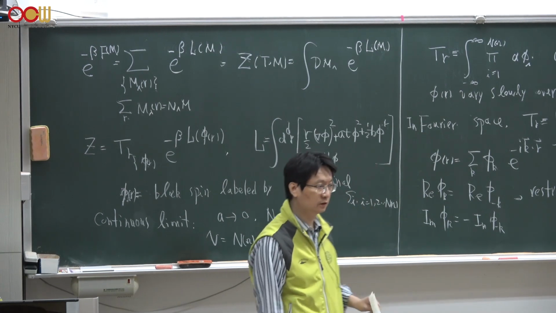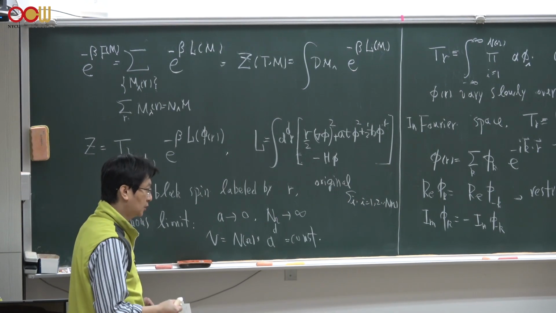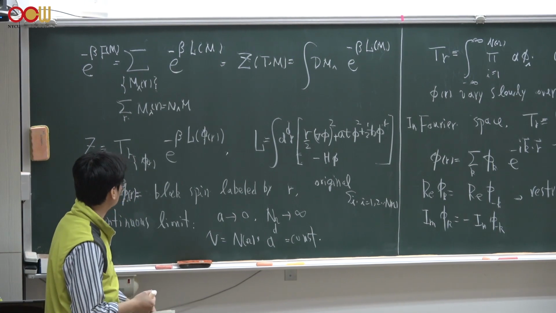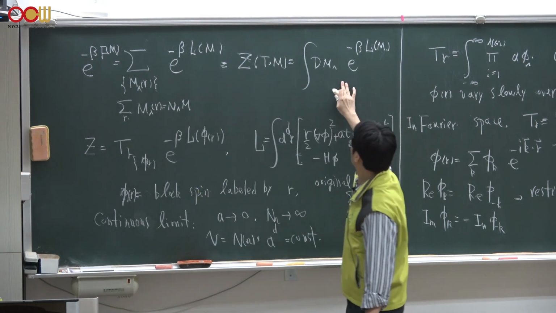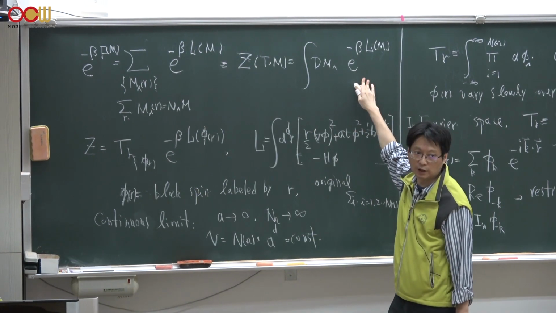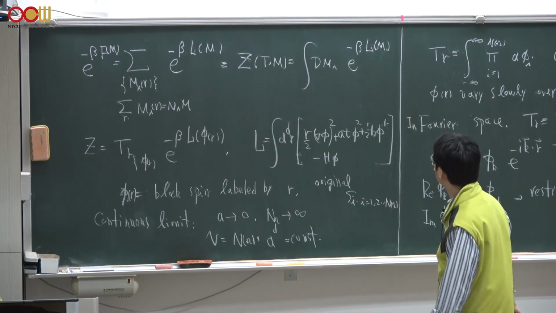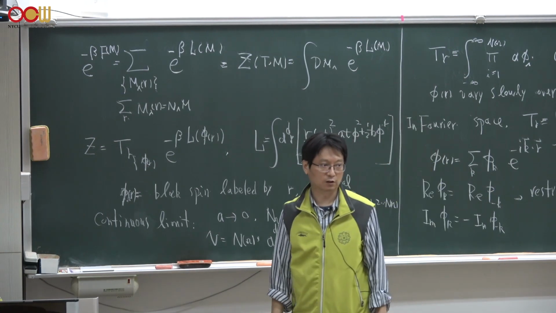So we know that the Landau free energy is nothing but this partially traced partition function, and also it's a coarse-grained Gibbs free energy. And therefore, we can think of this partition function as just an integration over the block spin variables or block spin magnetization M, and inside the integrand, this is e to the minus beta L, the Landau free energy.